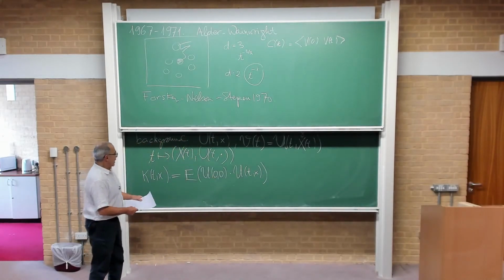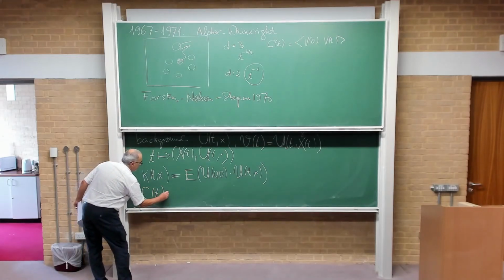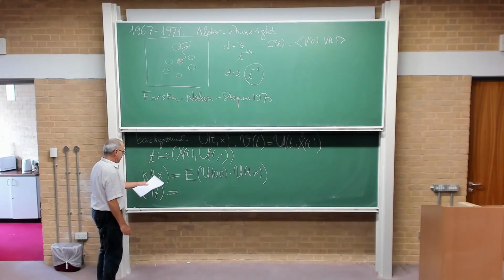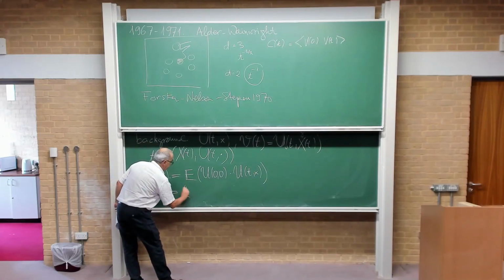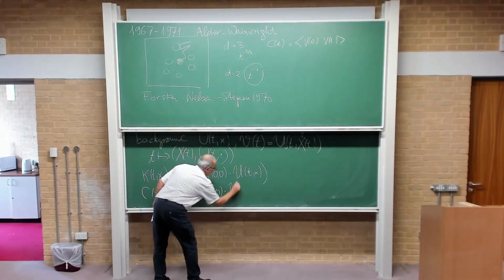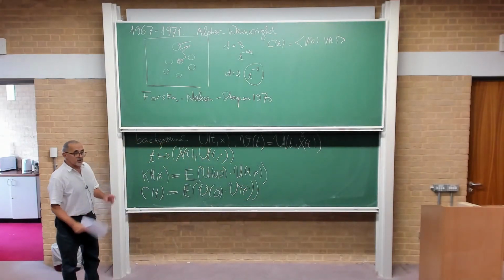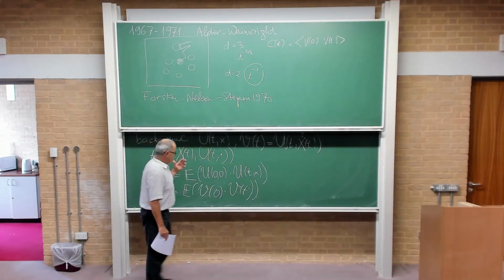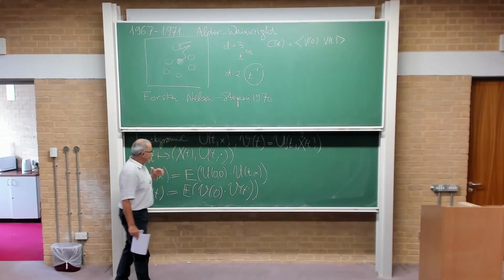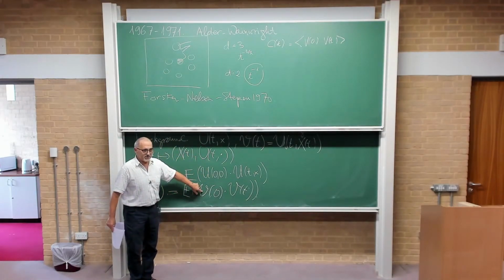Good. And I also call C(t) as before. I introduced it already, but let me write it down again. So this is the expectation of V_0 V_t. I will assume in my arguments that V is stationary, that this is a stationary-in-time process.